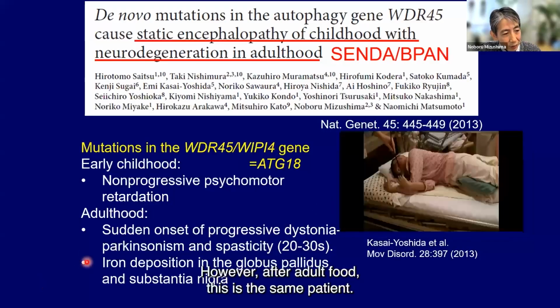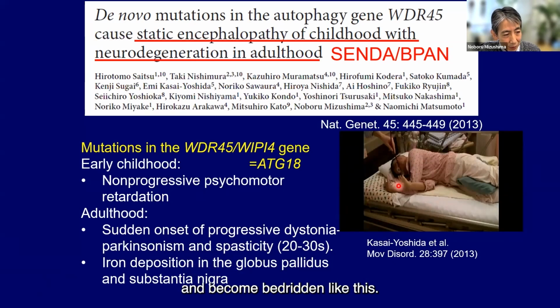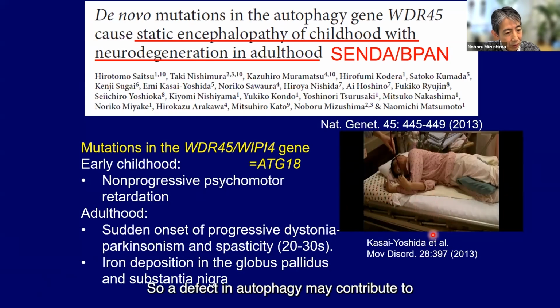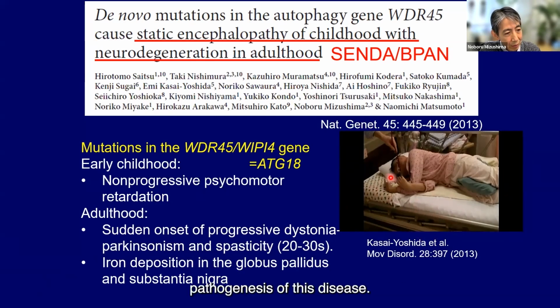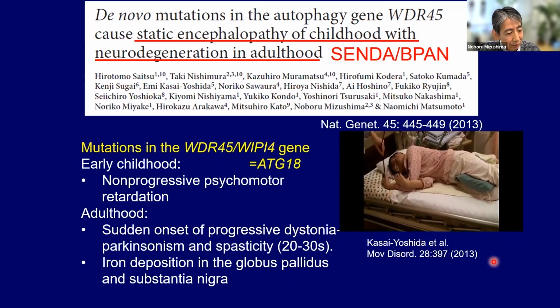However, after adulthood, this is the same patient, they suddenly develop very severe dystonia and Parkinsonism and become bedridden like this. And we confirmed that autophagic activity is actually decreased in patient blood cells. So a defect in autophagy may contribute to the pathogenesis of this disease.